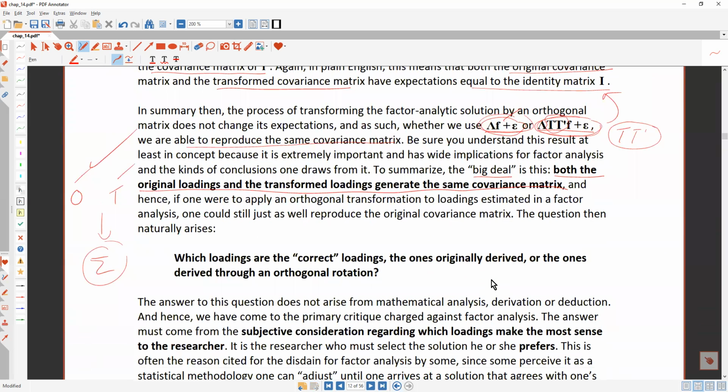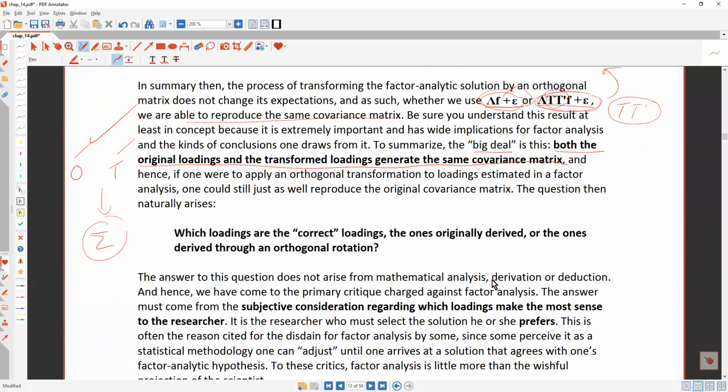So here's the big picture: which loadings are the correct loadings, the ones originally derived, or the ones derived through an orthogonal rotation? What's the implication from a scientific point of view? Again, remember, all of these statistics, there's a bunch of technical details that we're looking at, but you're trying to use this for a scientific purpose.